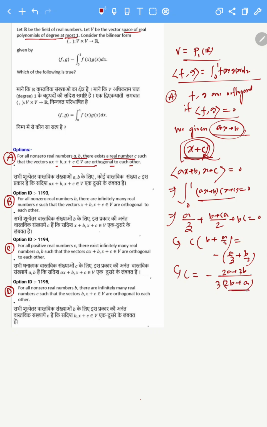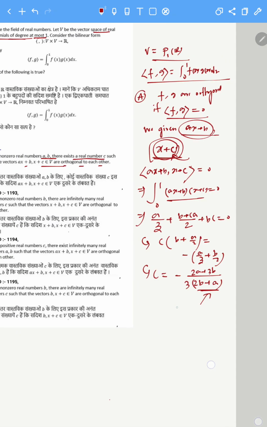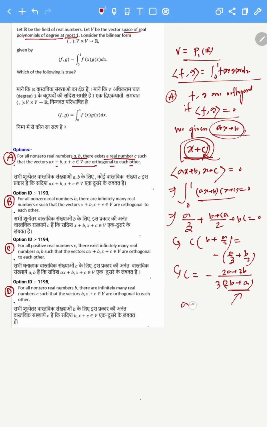Of course we can see that a plus 2b may be 0 at some point. Suppose we take a equal to minus 2 and b equal to 1, so the element is minus 2x plus 1.